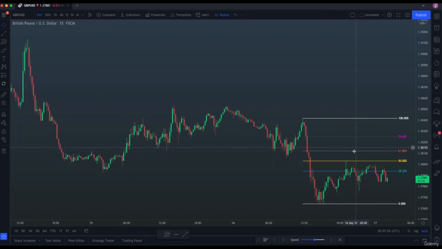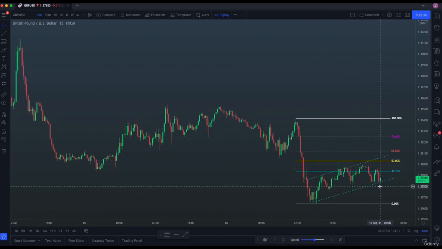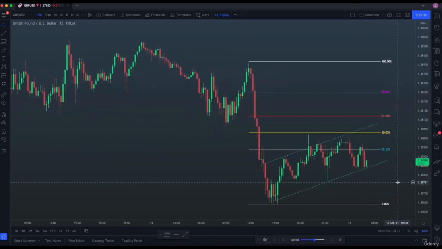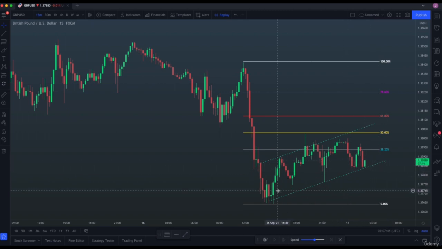All right. So price also formed a continuation pattern. All right. A bearish flag pattern. Now, once we see price break through this bear flag, that's our confirmation that this downside move can continue.